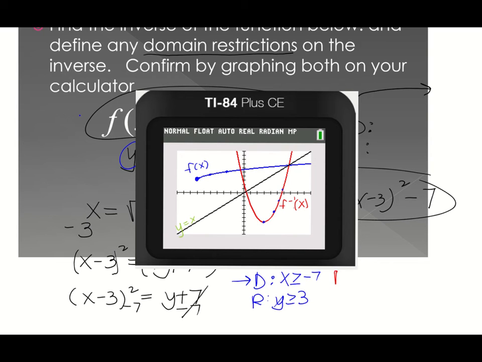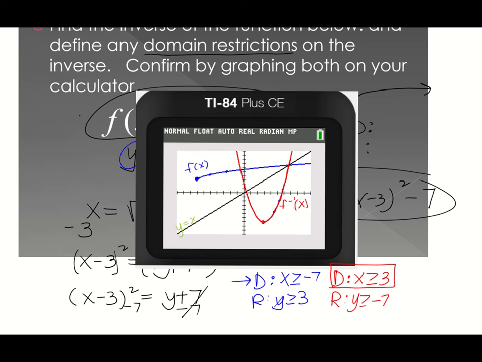So our domain would have to be that x has to be greater than or equal to 3, and then the range would be that y has to be greater than or equal to negative 7. So we can see that where we're reflected over, these values are all greater than 3. So this is our domain restriction.